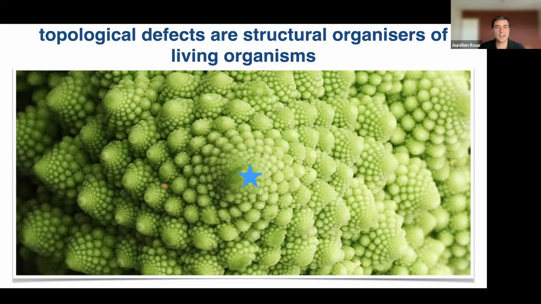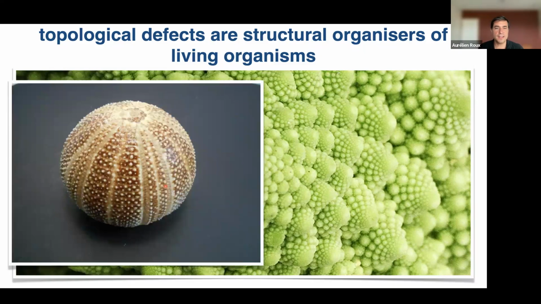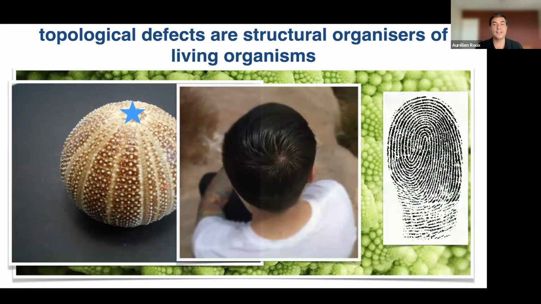And if you look at other organisms, for example the sea urchin, you also see lines of order, which in this case are the positions of the spines. And you have the sensory organ on the top, and you have the mouth on the other side. So you actually have two defects, which connect the lines and where you lose the order. And you can also find this on yourself.